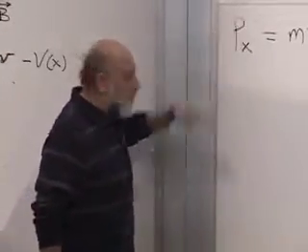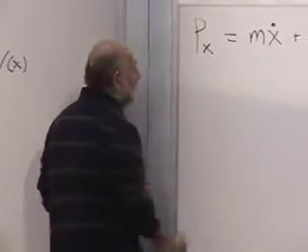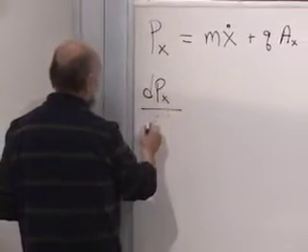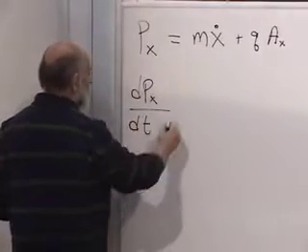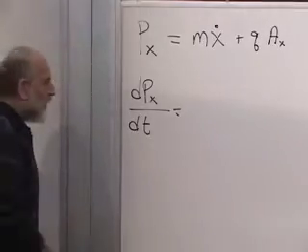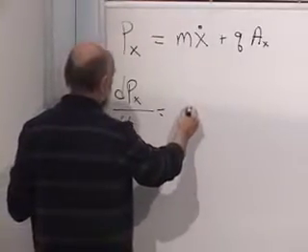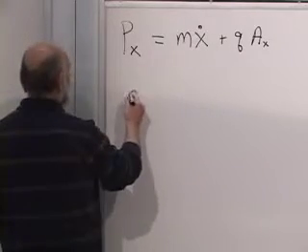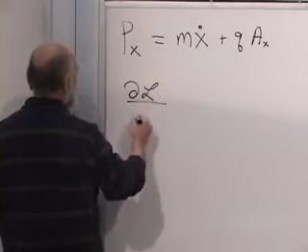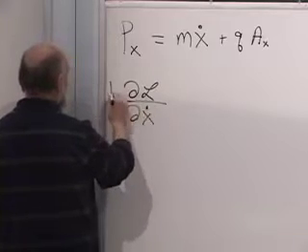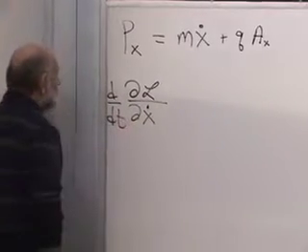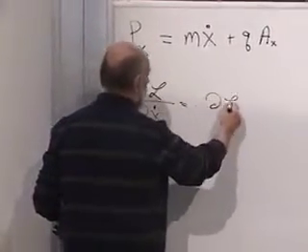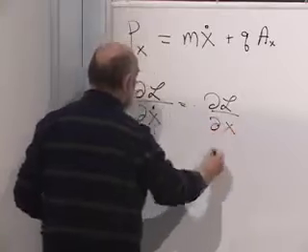Now, what's the equation of motion? The equation of motion is that the time derivative of px is equal to the derivative. Now this is just Lagrange's equations. Let's write it down. The derivative of the Lagrangian with respect to x dot, d by dt, that's just the derivative of p, is equal to the partial of L with respect to x.